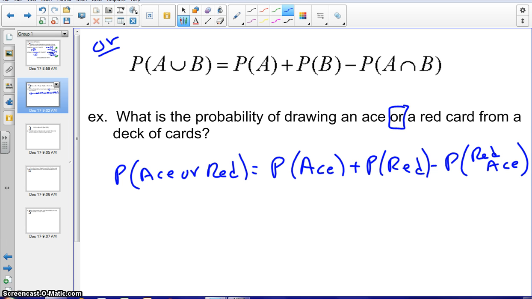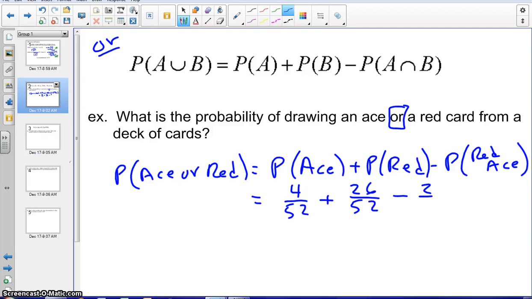The probability that it is an ace, there are 4 aces out of 52 in a standard deck of cards. There are 2 suits that are red, so we have a total of 26 out of the deck of 52. And now we have to subtract off the common elements, because what we've actually done is we've counted 2 red aces twice here.